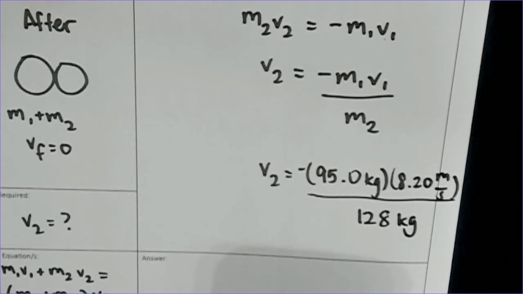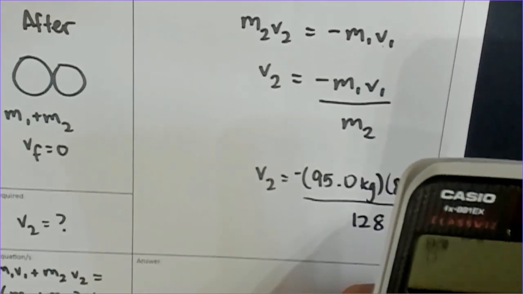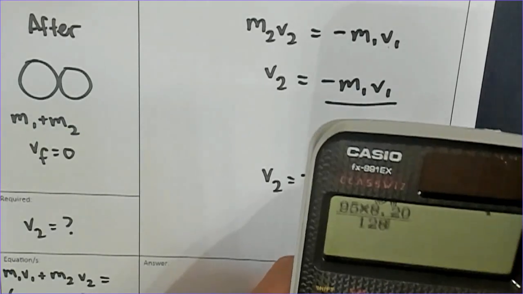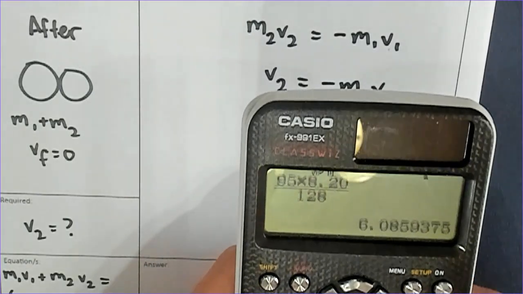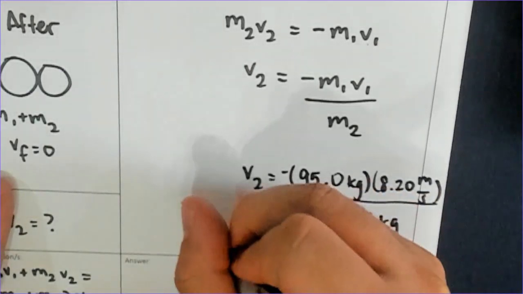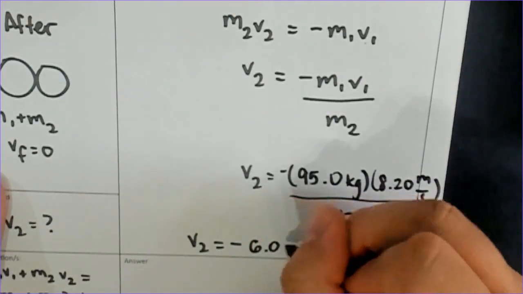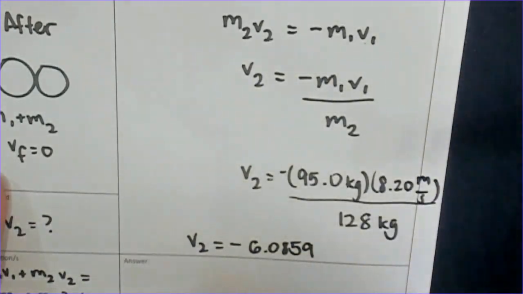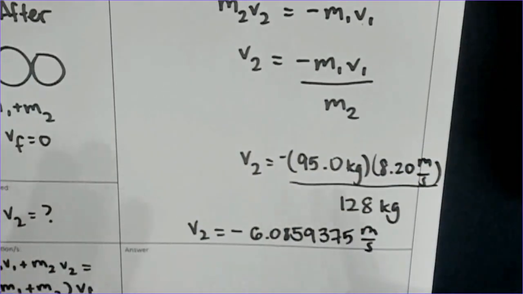Now let's get our calculator out and plug in: negative 95 times 8.20 all over 128 gives me 6.0859375, but taking note of the negative sign, it becomes negative 6.0859375 meters per second.